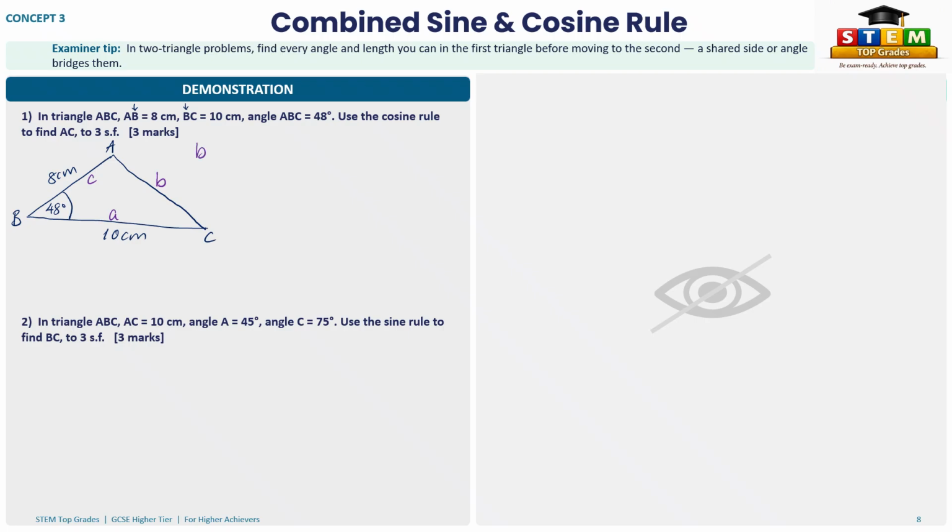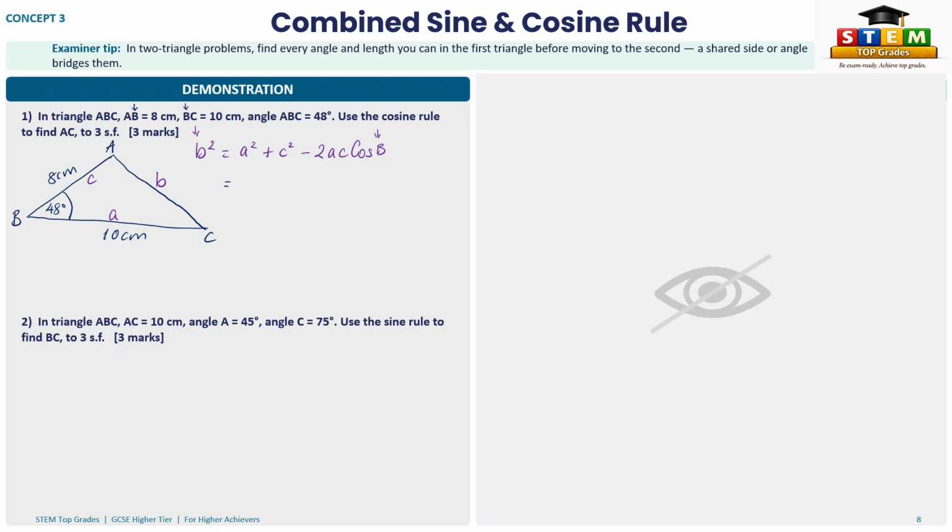So b squared will be the other two letters squared and added together, minus double the product of the other two letters, which are a and c. And if we start with b, we always end up with b at the end. So this is your cosine rule, and we're now going to do the substitutions.